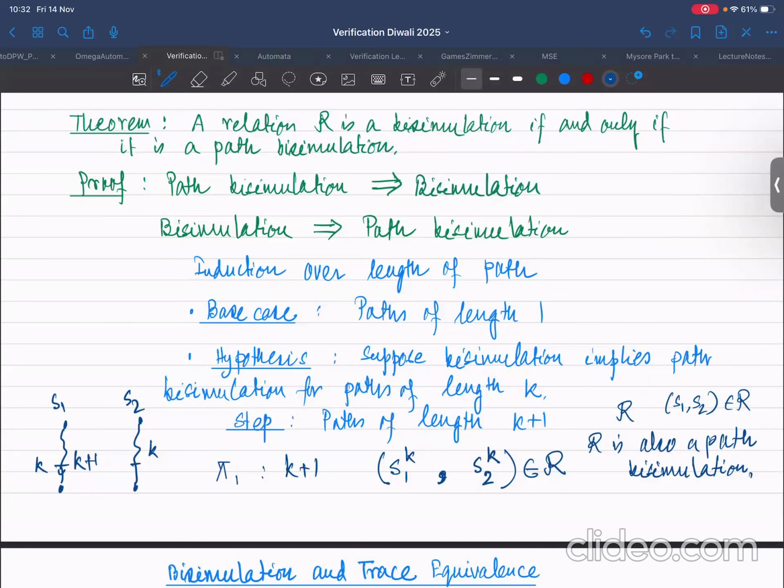Now R, by assumption, is a bisimulation relation.